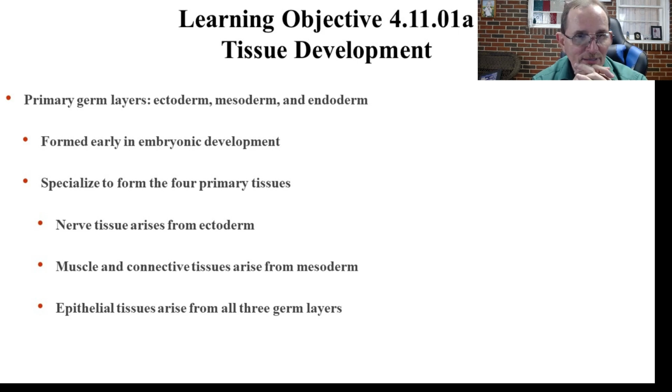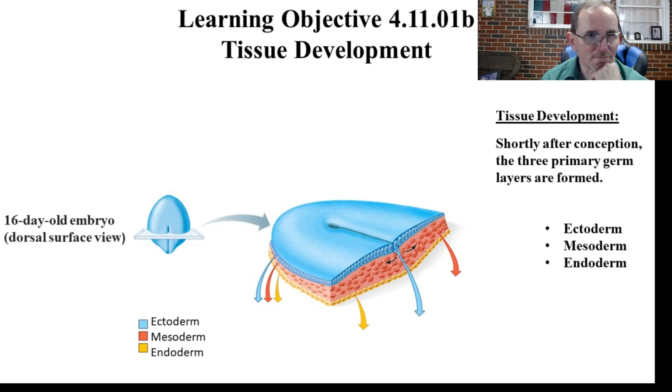I know it's going to become mesenchyme. And epithelial layers or epithelial tissues are going to come from all three of those. Here you can see the ectoderm is the blue, the pink is the mesoderm, and the yellow is the endoderm.